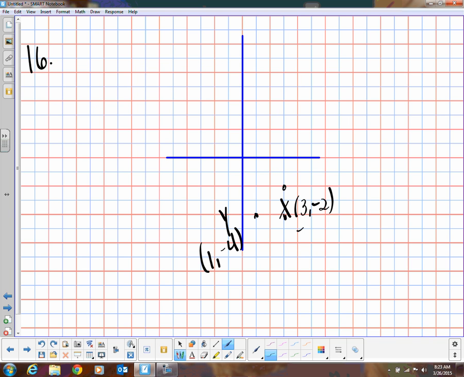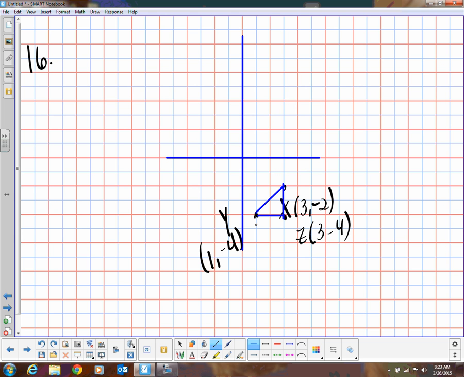Wow. Yeah, I didn't realize it was so tiny. So this is our triangle. Is that really our triangle? Yeah. I feel like a huge graph. 3, negative 2. 1, negative 4.